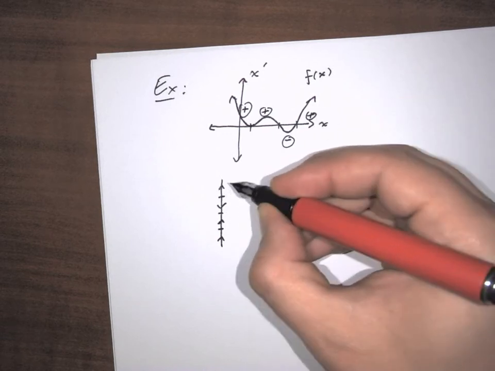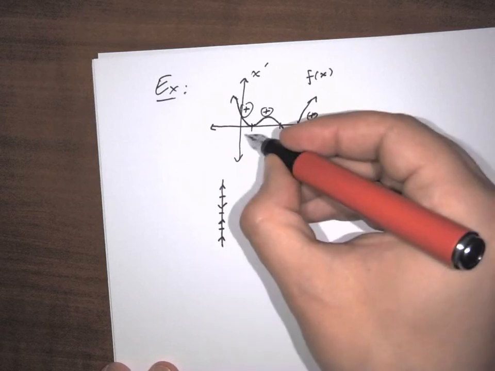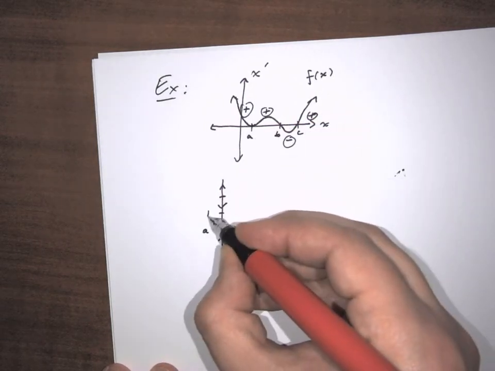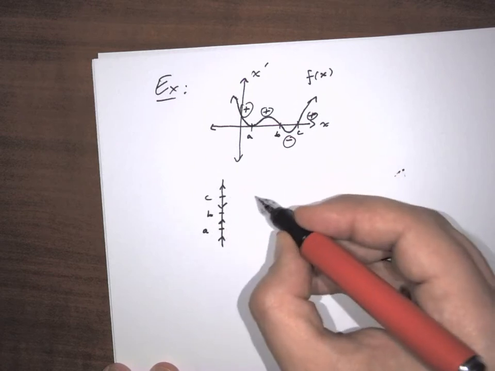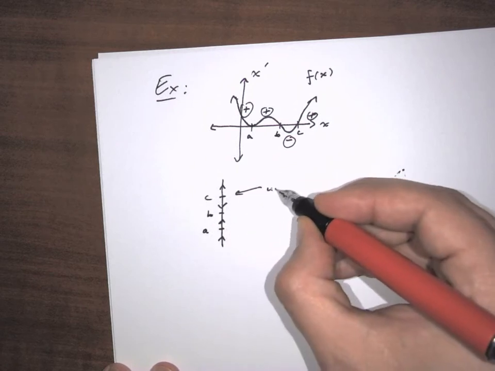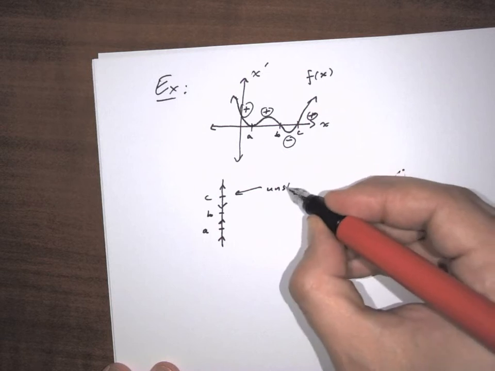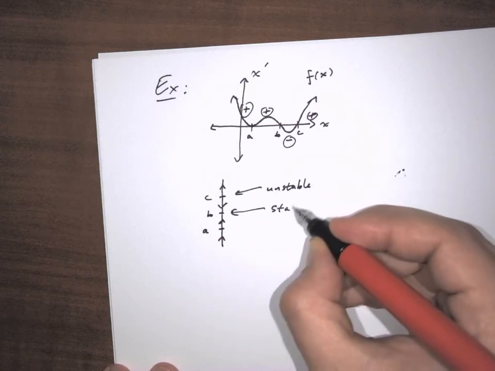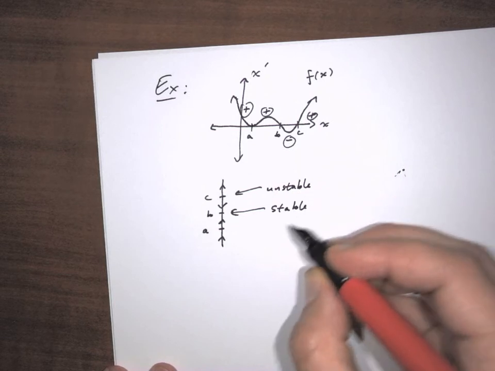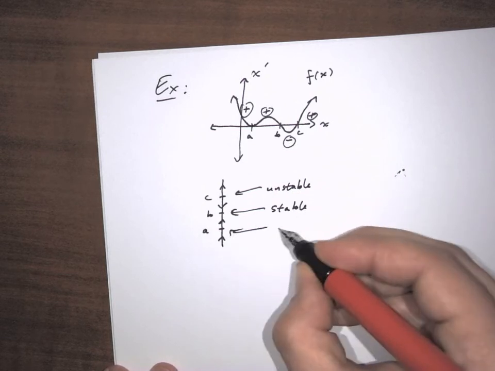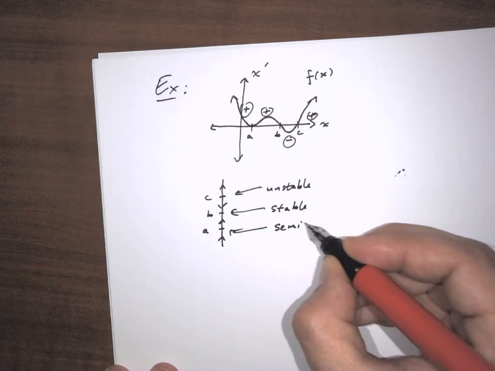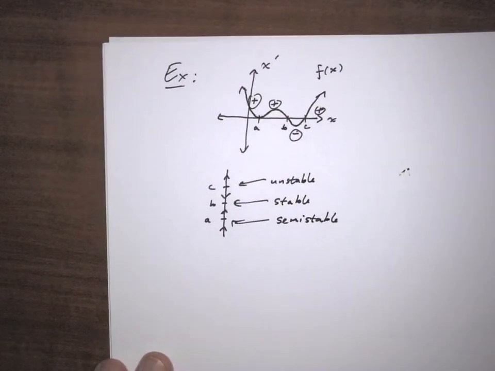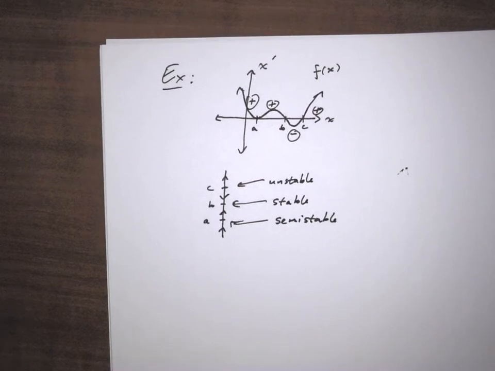So let's say this is A, B, and C. Here, this one is unstable because both arrows are pointing away. Here, this one is called stable because both arrows are pointing in. And here we've got semi-stable because one is pointing towards, one is pointing away.